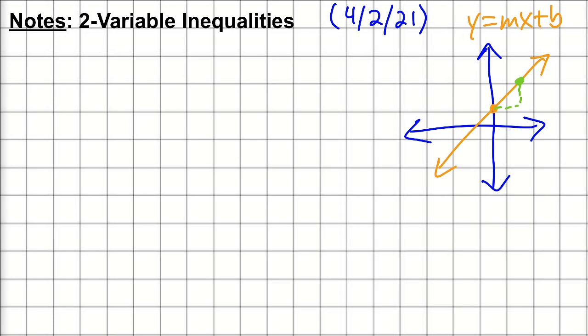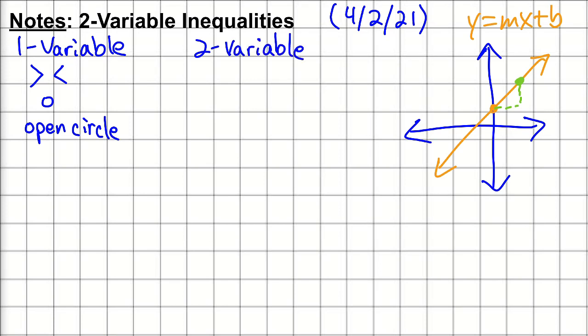Just like when we think about one variable inequalities, if we have a greater than or less than symbol, we have an open circle. But with two variables, when we have a greater than or less than, we have a dotted line.